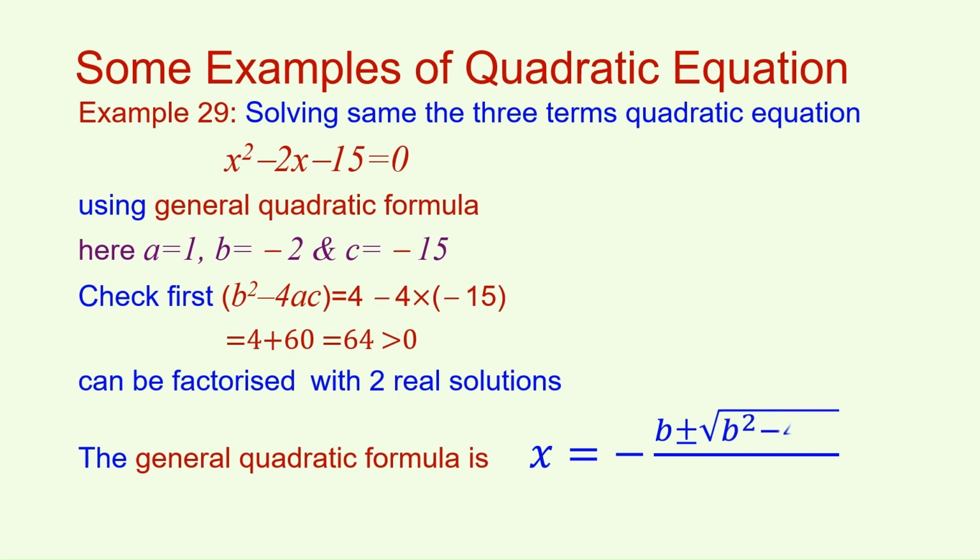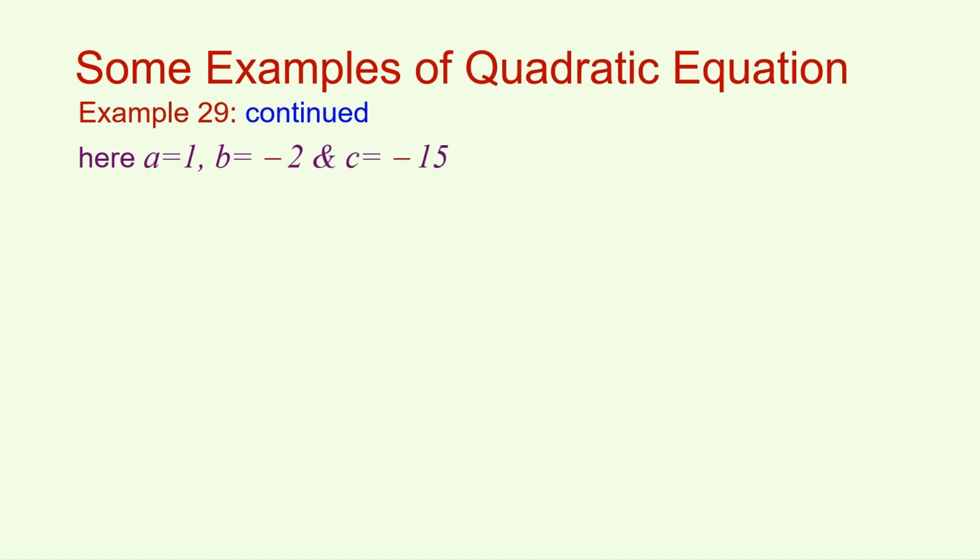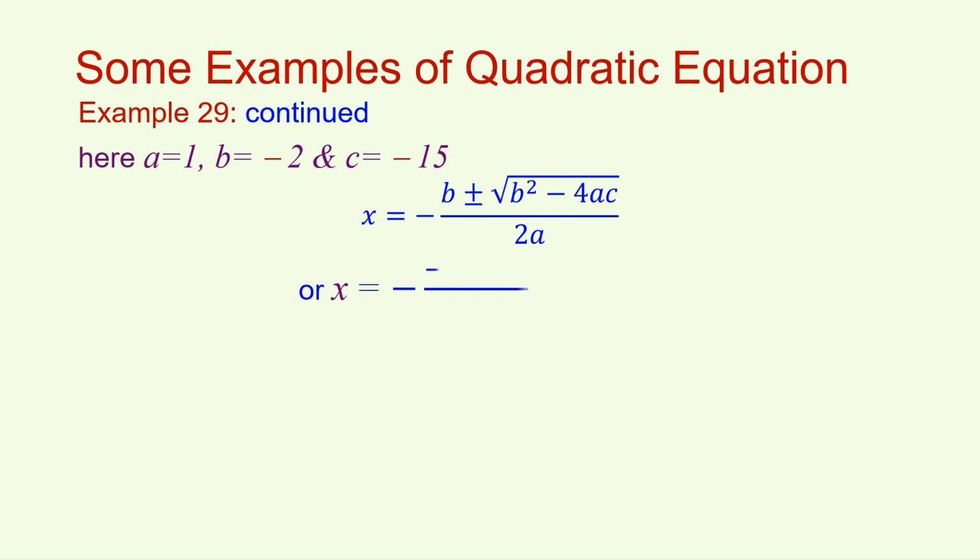The general quadratic formula is x equals minus b plus or minus square root of b squared minus 4ac, whole divided by 2a. Follow the steps carefully.